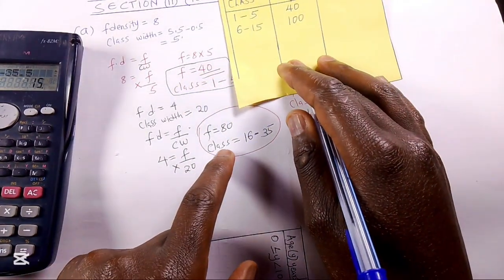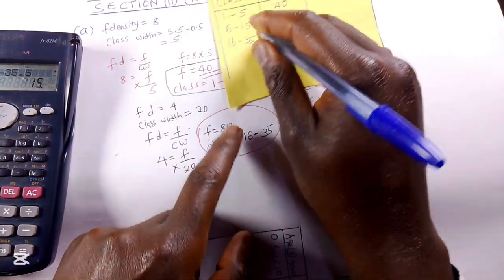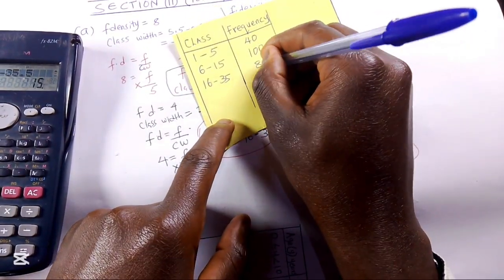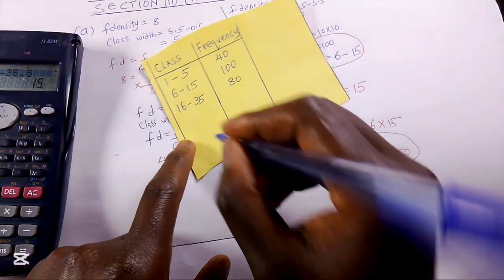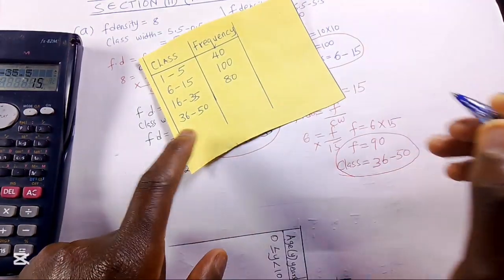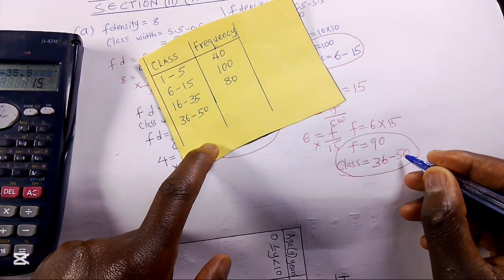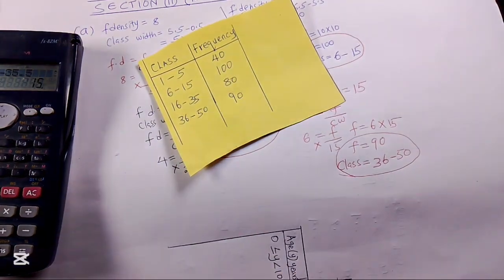Then we have 16 to 35 with a frequency of 80. Last but not the least, we have 36 to 50 with a frequency of 90. So we are done.